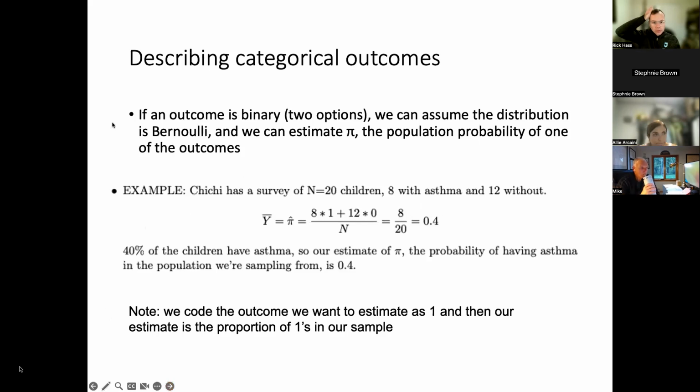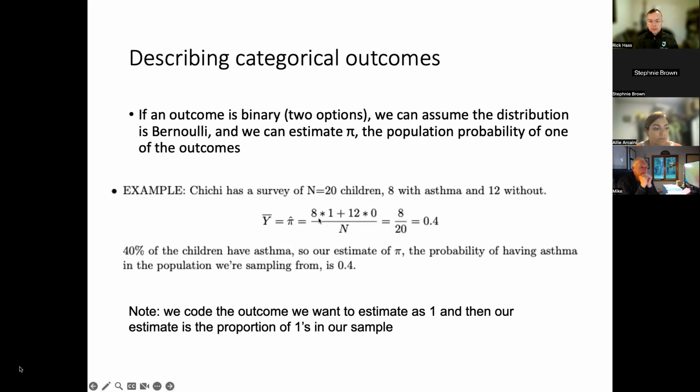Okay. So we've talked about this before, about the fact that a single binary variable follows a Bernoulli distribution. All that means is that for any particular person, they take one of the two categories with some probability that we denote pi. And of course, we can estimate this probability, which often is called prevalence in public health, or in any sort of disease management and disease prevention.